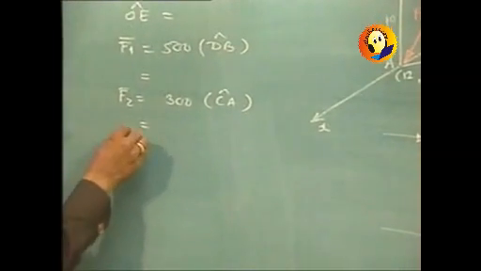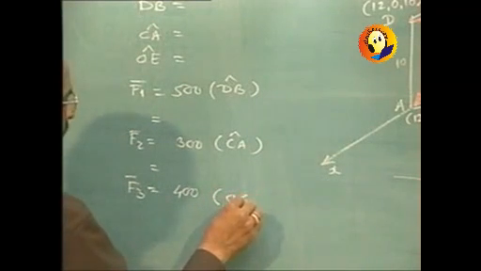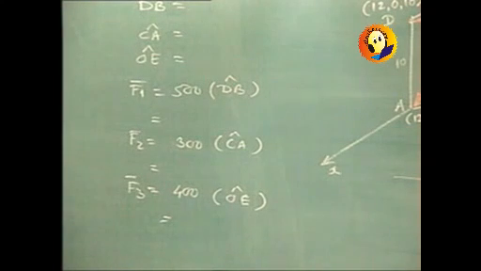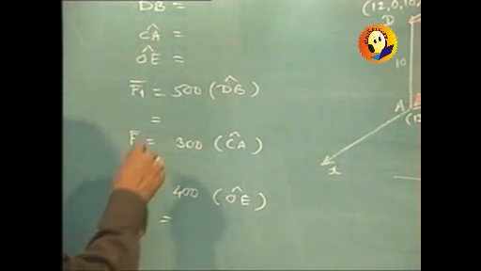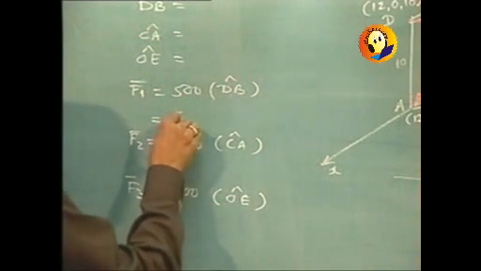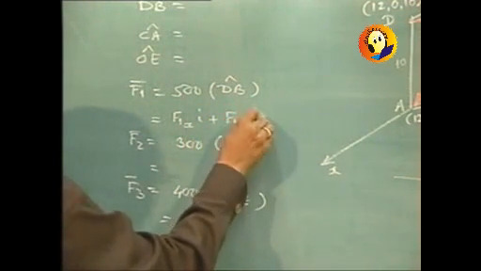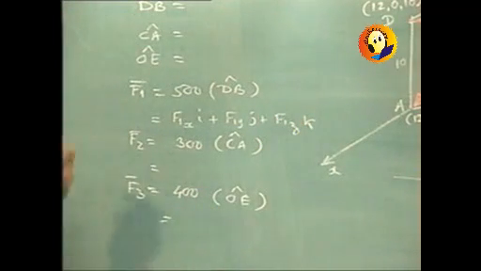Find out F3 bar, which is 400 into OE cap. Now if I simply write these vectors as F1x i plus F1y j plus F1z k, values you have.